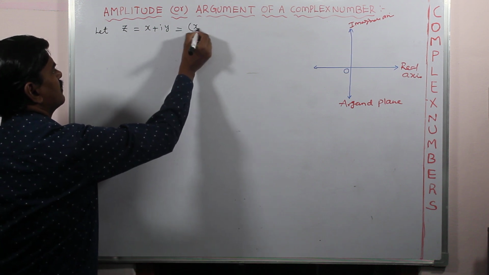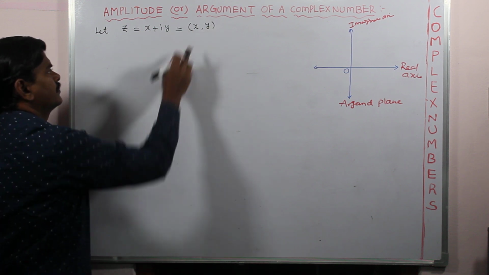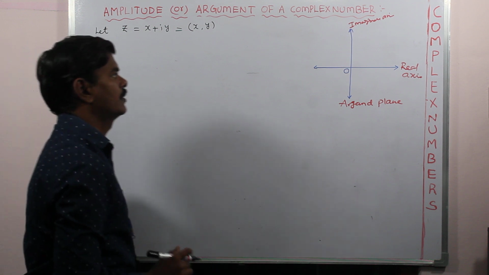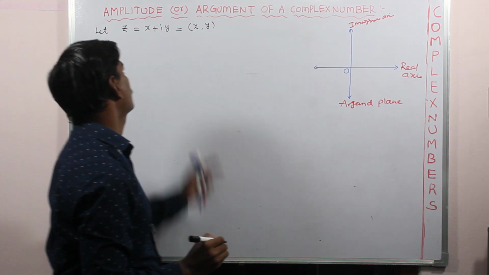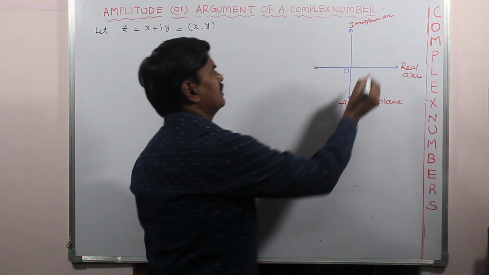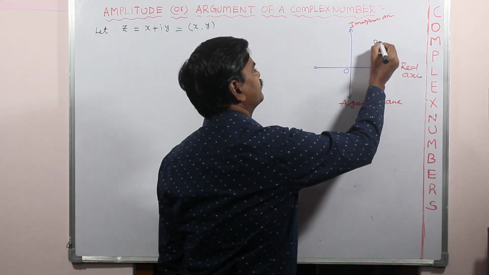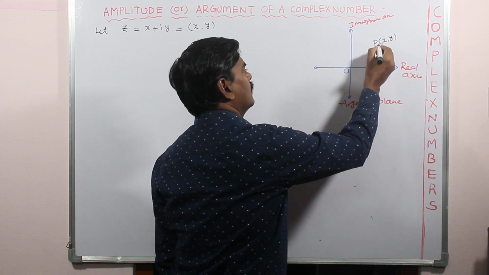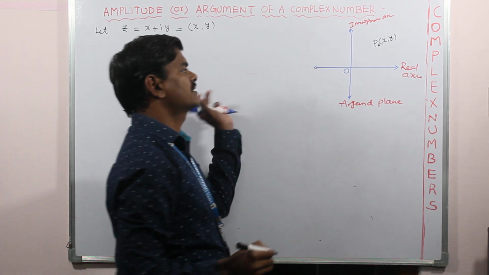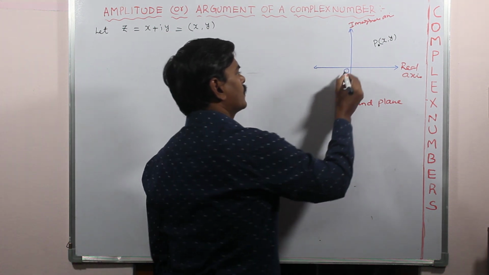It can be written in the point form x comma y. If you want to locate this complex number x comma y, suppose that the point P represents this complex number in argand plane.